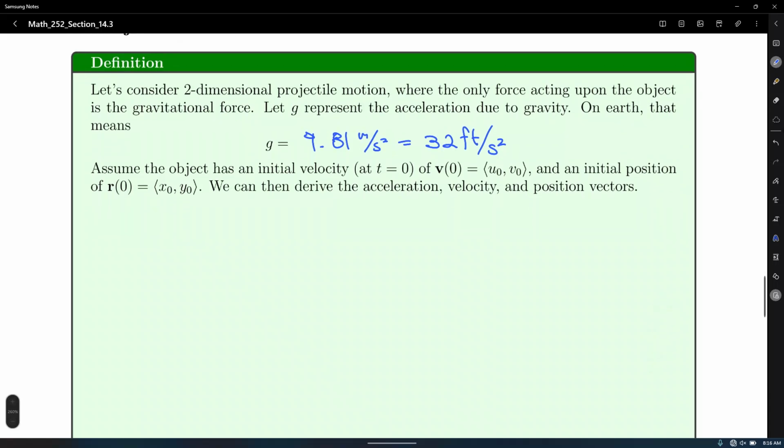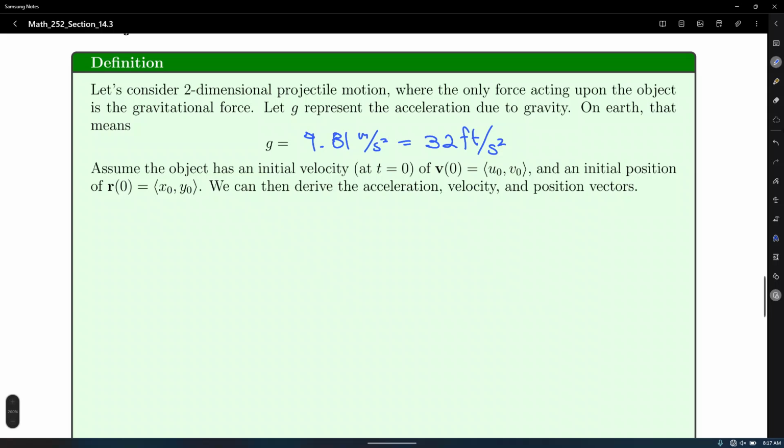So now let's assume that the object has an initial velocity, that is at t equals 0, that is v of 0, which has components u0 and v0, and an initial position of r of 0, which is x0, y0. Recall that we use v for velocity, r for position, and every time you see a subscript with zero, that represents initial values. In this case, initial velocity and initial position.